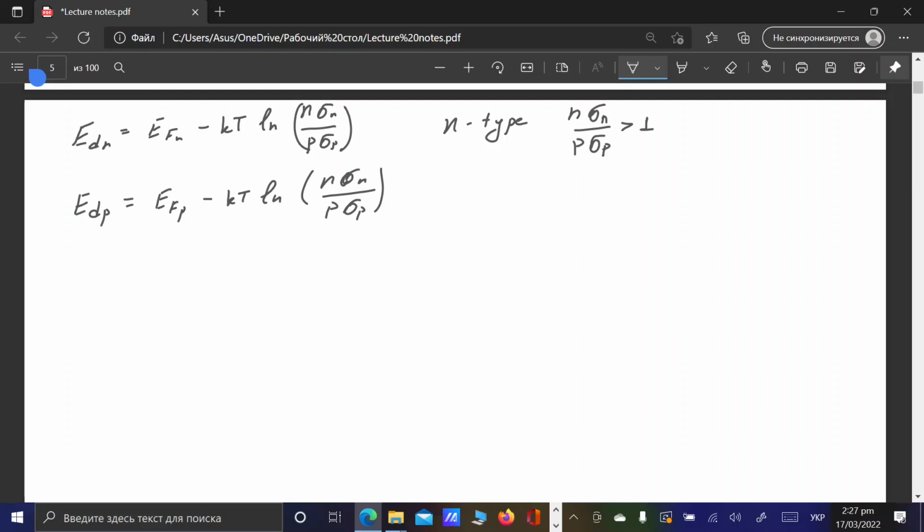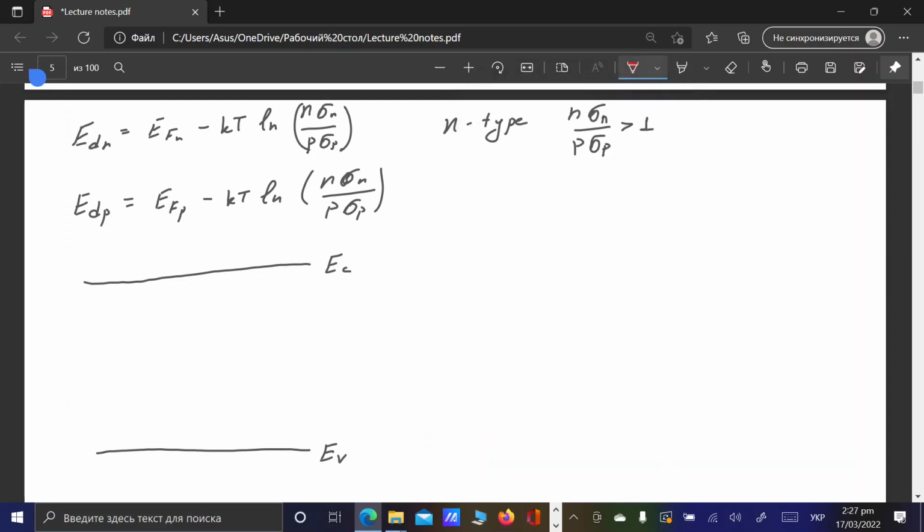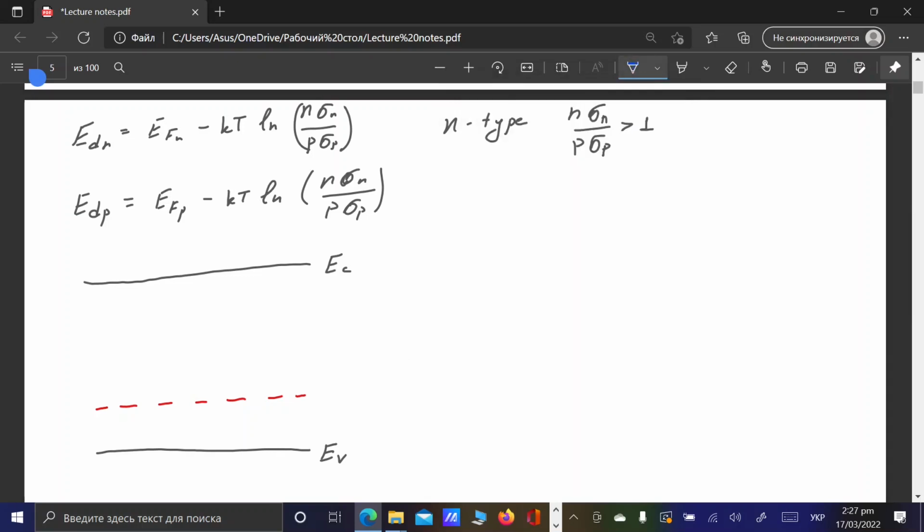So if we have a band structure, bottom of the conduction band, top of the valence band, then let me change the color. So here will be quasi-Fermi energy levels for holes and electrons.